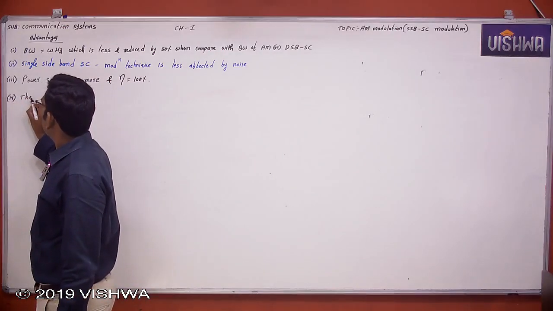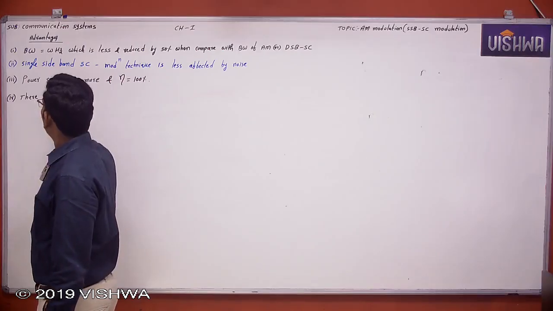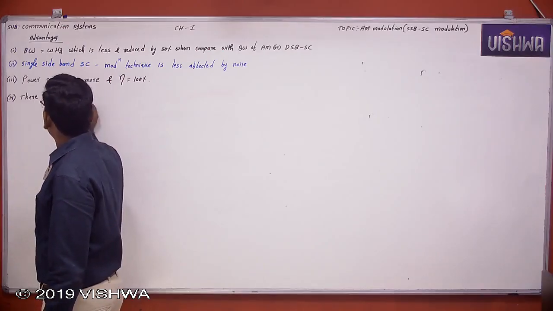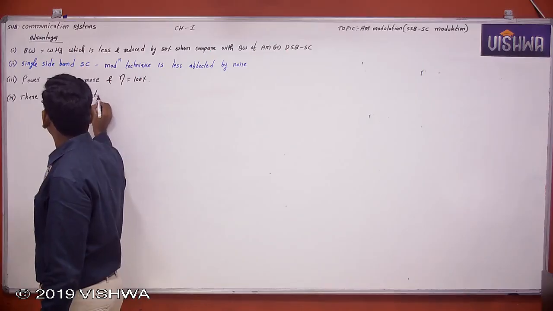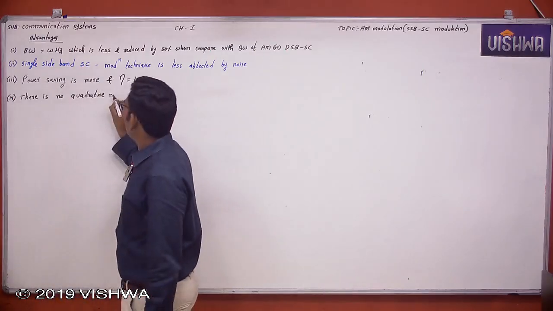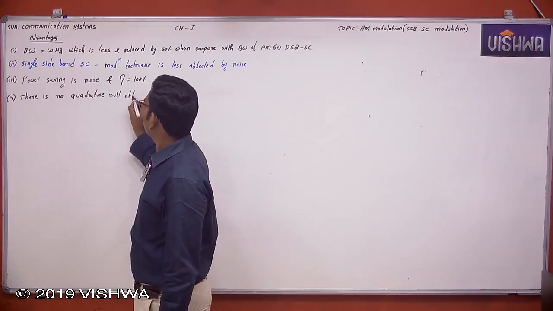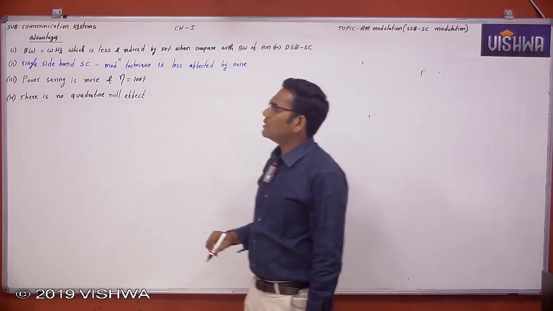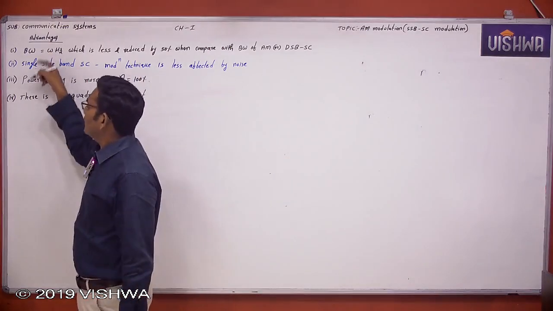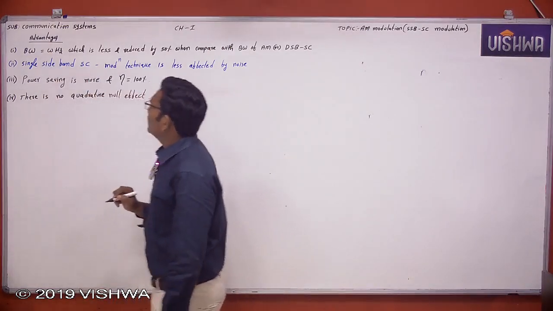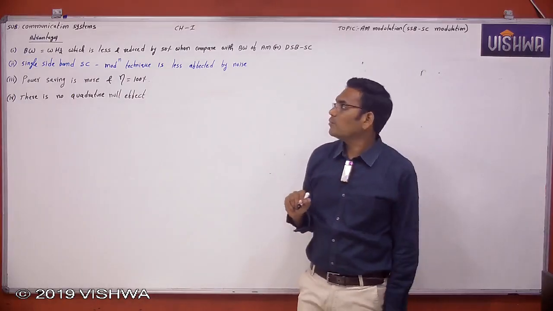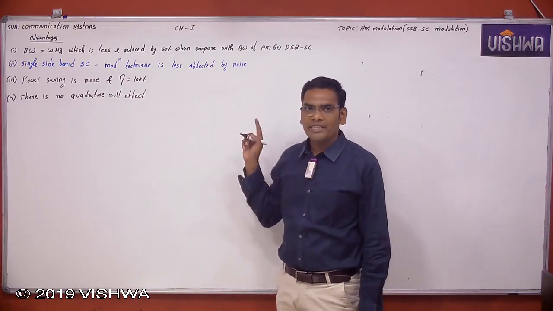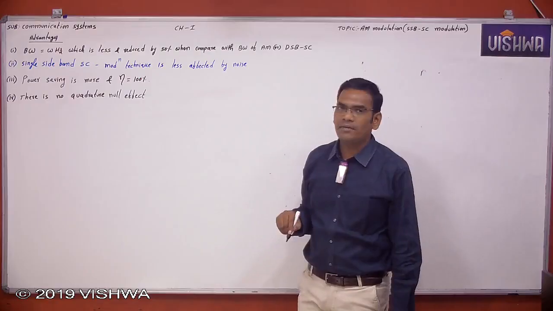Another important one: there is no quadrature null effect in SSB-SC. So these are the main advantages of SSB-SC. It is less affected by noise with respect to bandwidth, and these are the main advantages.